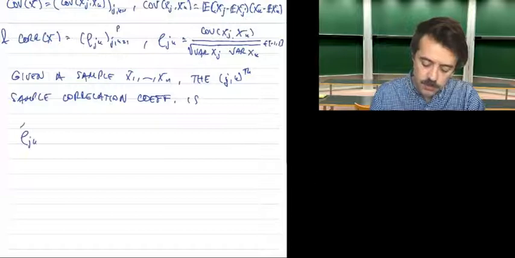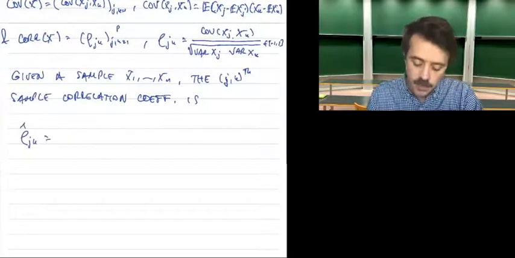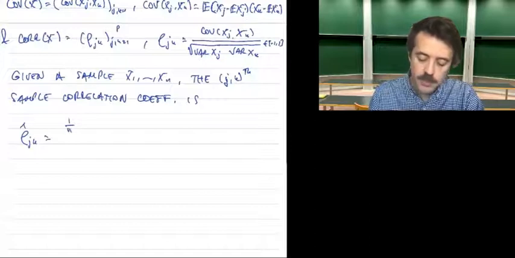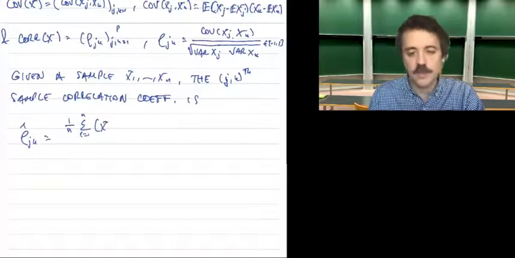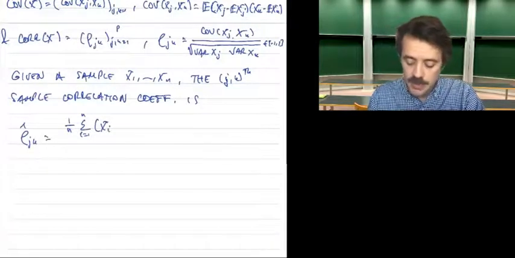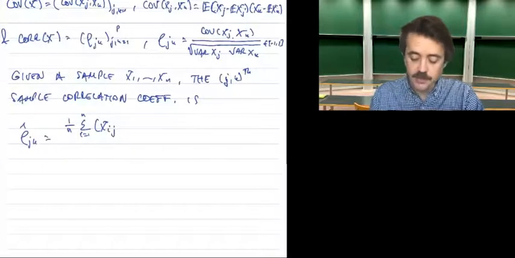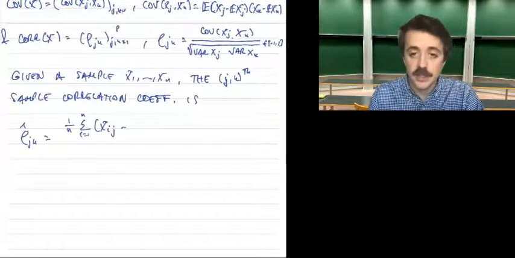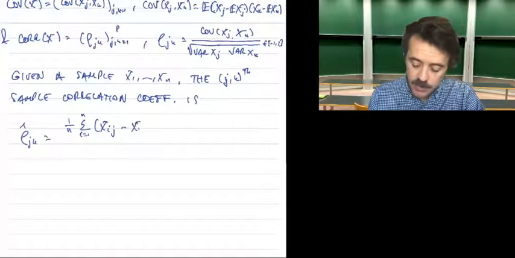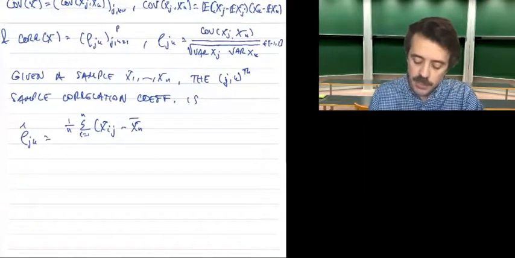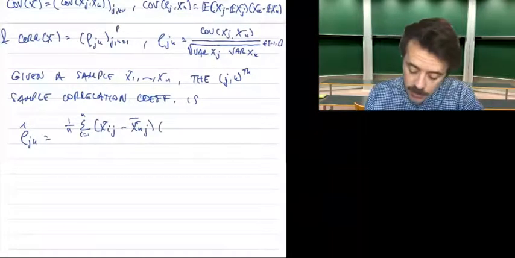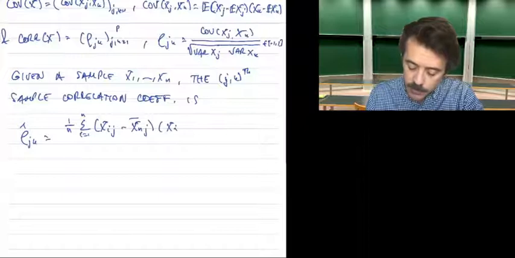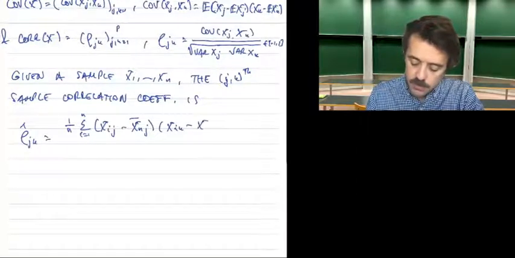This is r_jk, and then 1 over n of the sum from i equals 1 to n of x_ij, the ith observation and then the jth component of it, minus the sample average or sample mean, the jth coordinate of it, times the same idea with the kth.